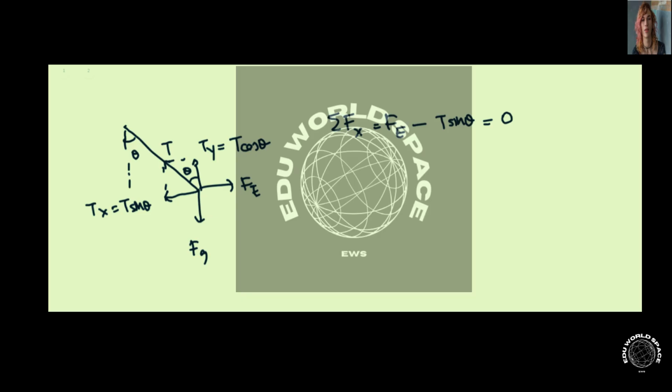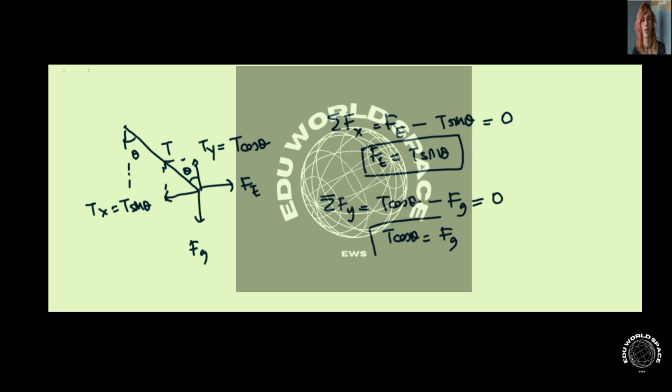From here, the electric force is equal to T sine theta. Now, the net force in the y direction is T in the positive y direction minus F sub g. Again, the pendulum is in equilibrium in the y direction, so it's equal to 0. T cosine theta equals F sub g.